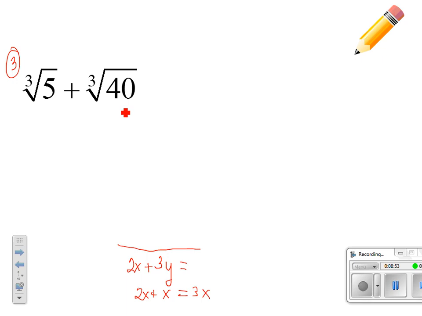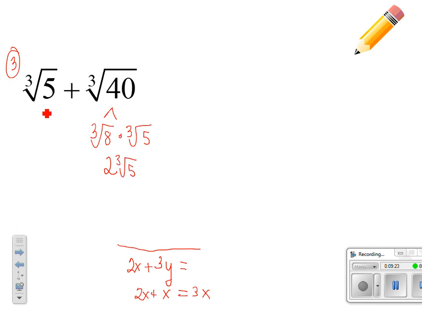So what we can do is simplify, maybe, and if we simplify them and get them to look the same, then they might be like terms, and then we could add them together. So let's break down the cube root of 40. The cube root of 40 can be broken down into the cube root of 8 times the cube root of 5. The cube root of 8 is 2, and the cube root of 5 stays the cube root of 5.